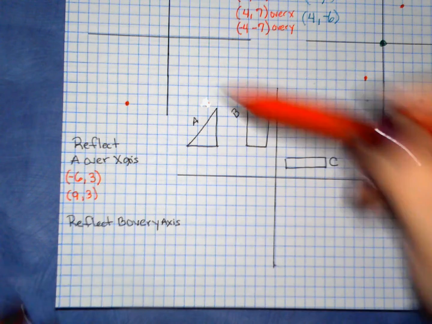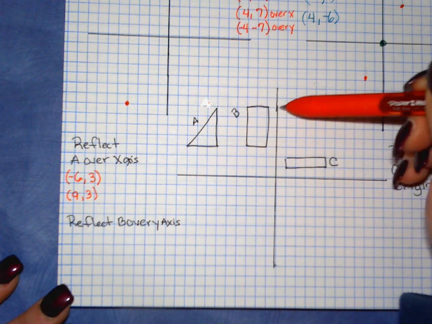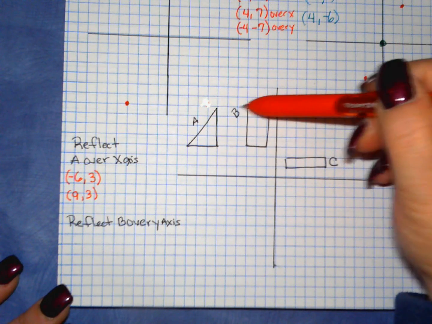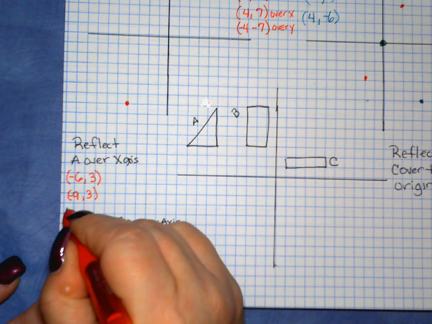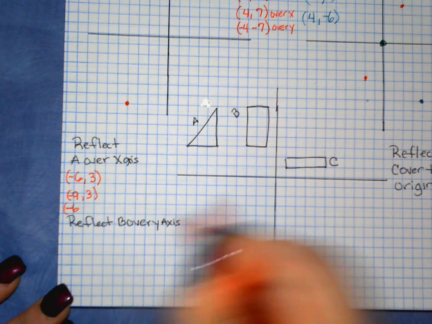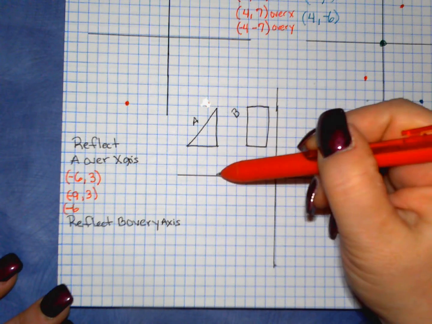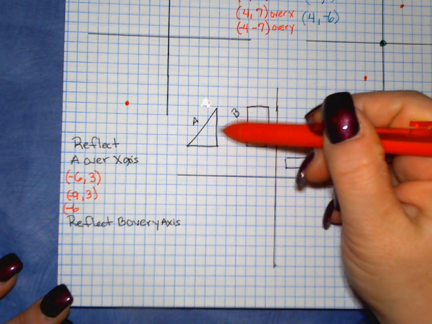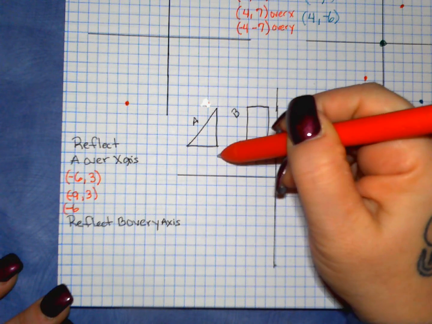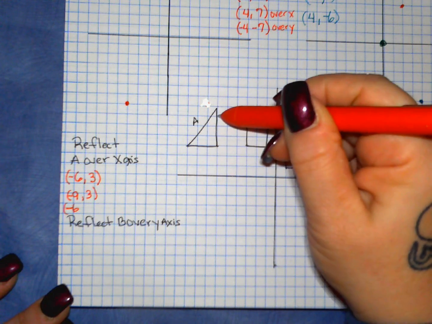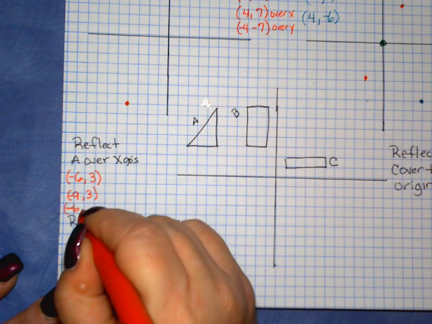And then let's just get this one right here. 1, 2, 3, 4, 5, 6, -6. And it is 1, 2, 3, 4, 5. Sorry, I lost count. 1, 2, 3, 4, 5, 6, 7. So 7.